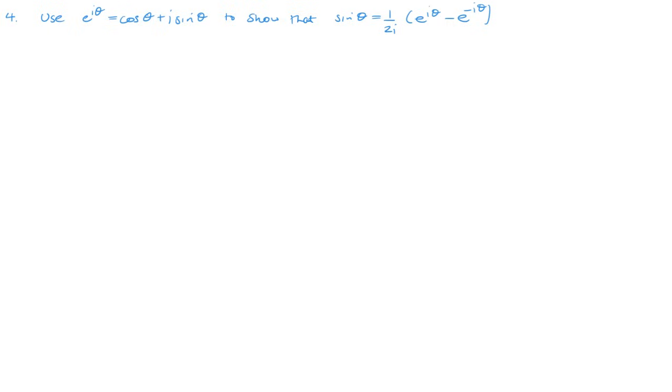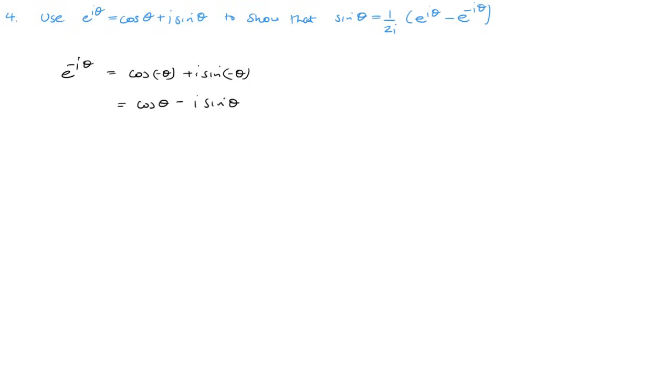Final question. So first, like the example, we want to start off by working out e to the minus i theta. And we've already done this once, so this step is the same as in the example. Okay, there we have it.